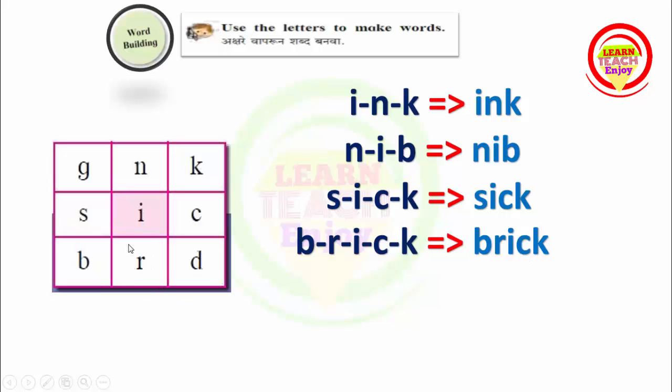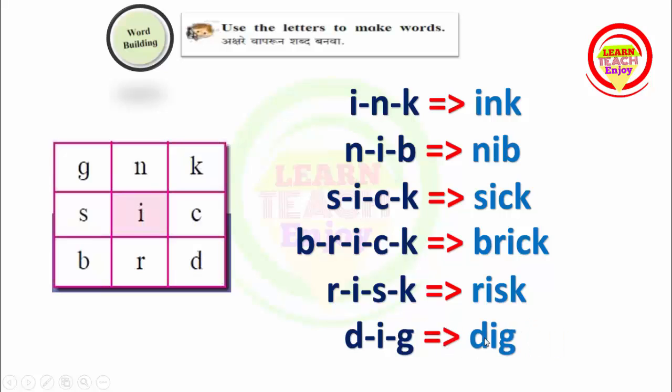Then next R-I-S-K, risk. So we can write here R-I-S-K. Then another word D-I-G, dig. Dig means खोदणे. So like this you try to make other meaningful words. Now try another chart.